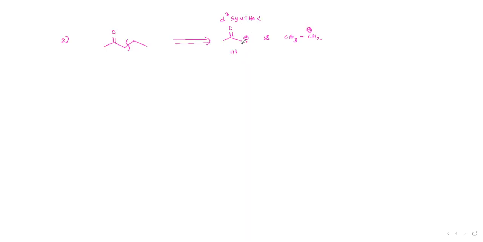This is A1. So the synthetic equivalent for this D2 synthon is nothing but ethyl acetoacetate, CH3, C double bond O, CH2, C double bond O, OEt. Ethyl acetoacetate. And then the synthetic equivalent for this is CH3CH2Br.